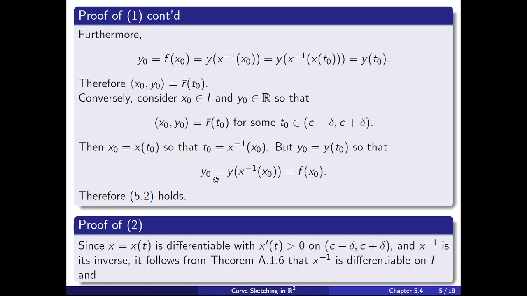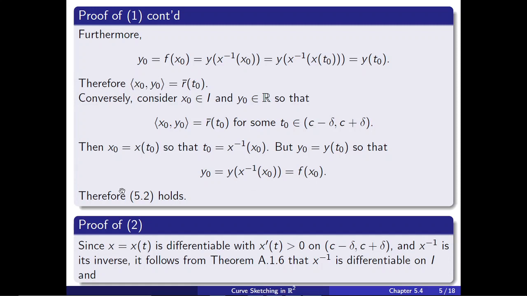So what it means is, if I take y naught, this is equal to y of x inverse of x naught. I'm sure it's clear, right? So y naught is equal to y of t naught, but t naught is equal to x inverse of x naught. So y naught is equal to y of x inverse of x naught, which is just f of x naught.